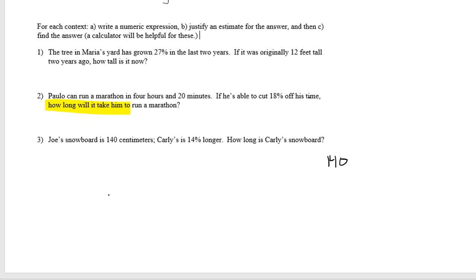So one way we could write an expression for this is if we take the length of Joe's snowboard, which is 140 centimeters, and we add 14% of 140, that would tell us the length of Carly's snowboard, because Carly's snowboard is 14% longer.